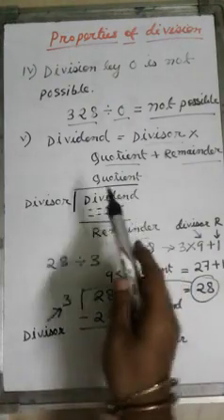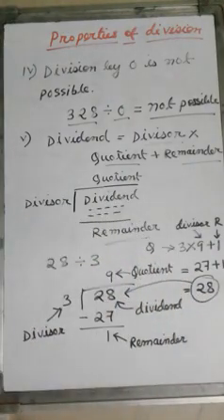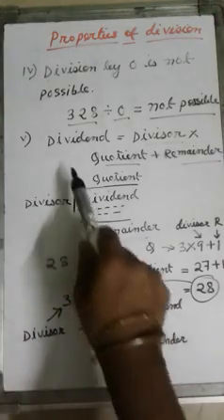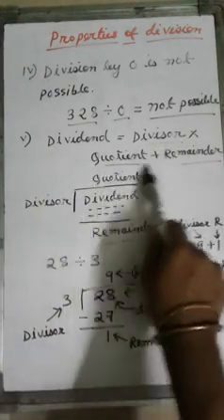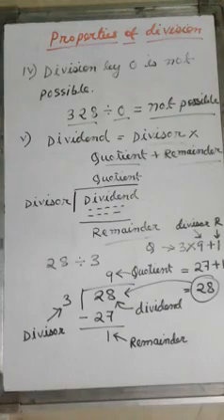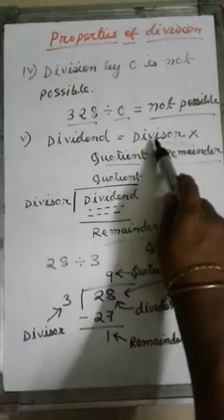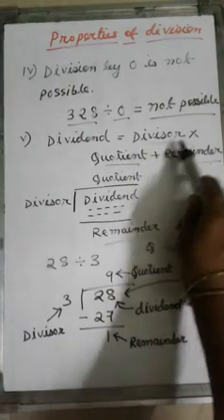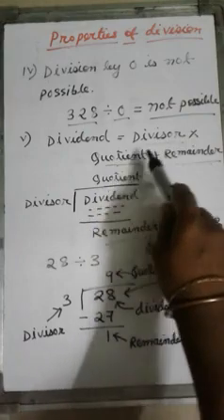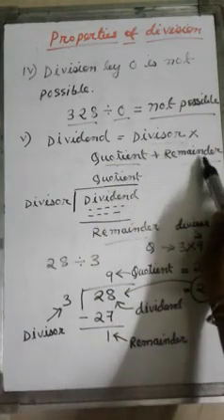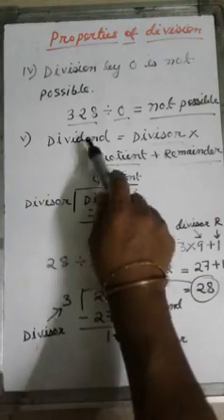So this is the division algorithm. What you can prove? You can prove that if you multiply divisor and quotient, then add the remainder, that should be equal to the dividend.